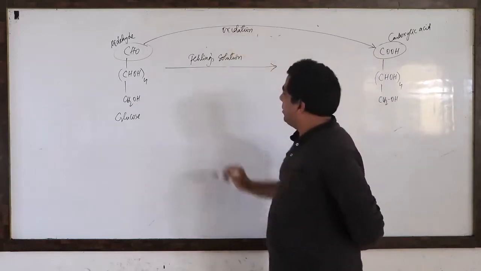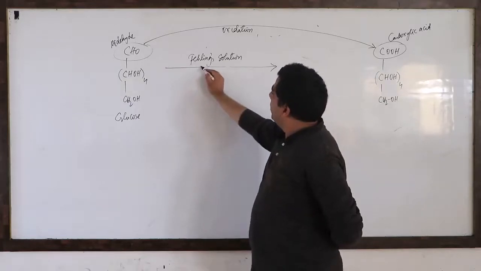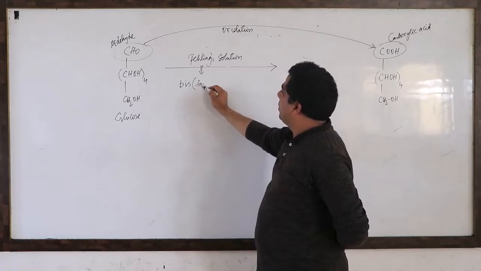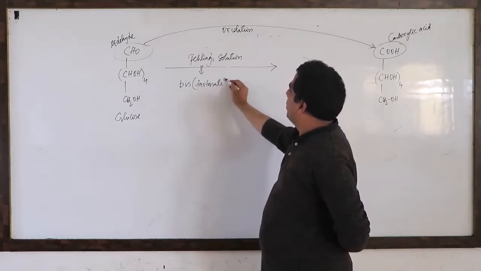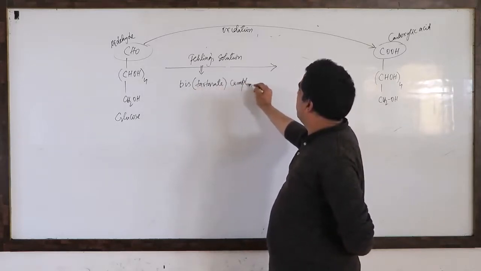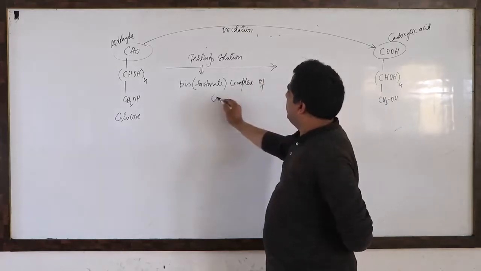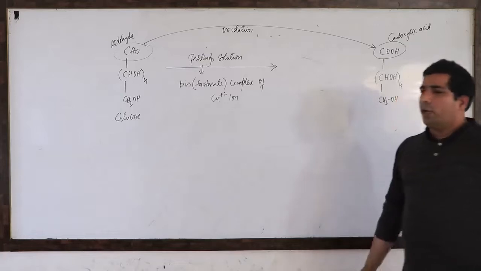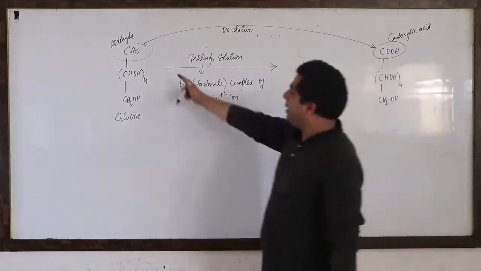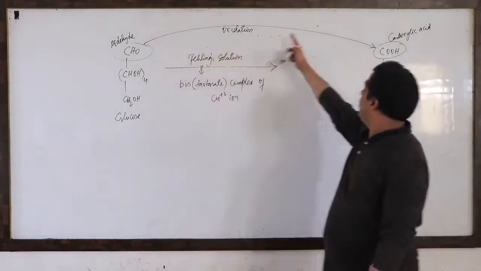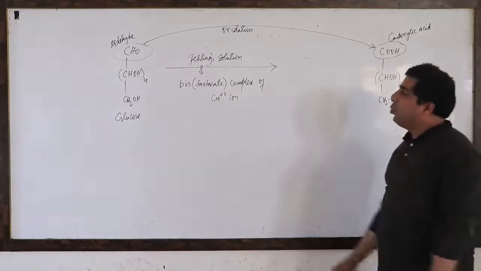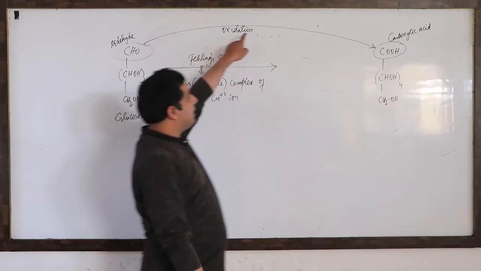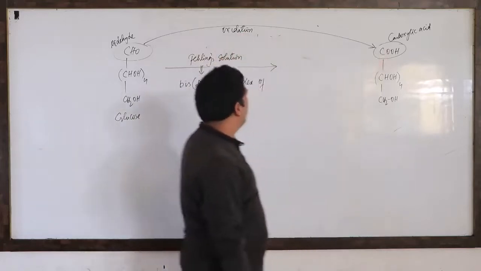On the other hand, as I told you, in Fehling solution we have a complex called the bis tartrate complex of Cu plus 2 ion. Correct? Now my dear friends, aldehyde is showing oxidation to carboxylic acid. Who is oxidizing the aldehyde? Who is doing this?